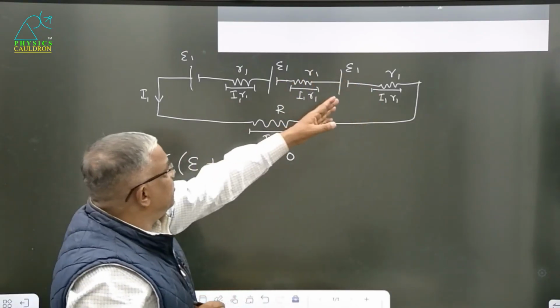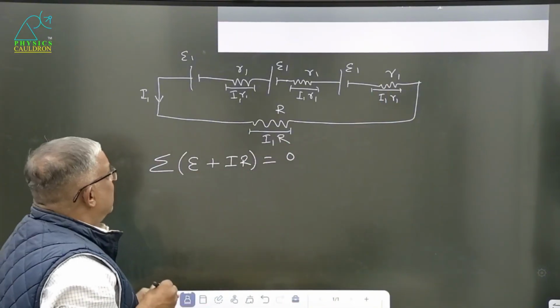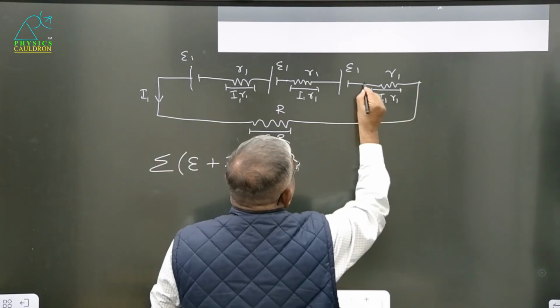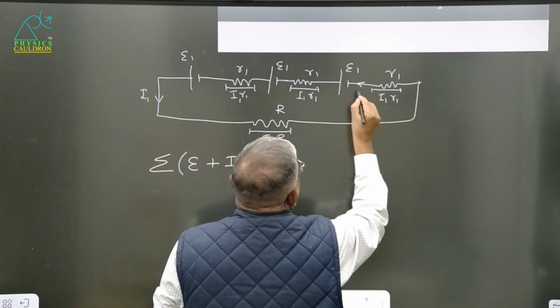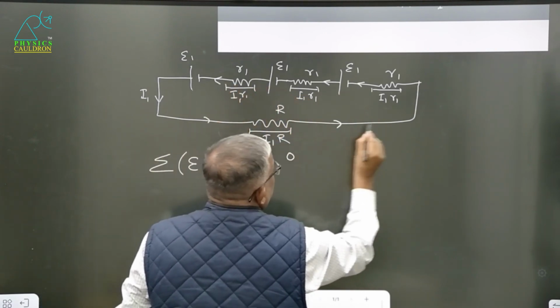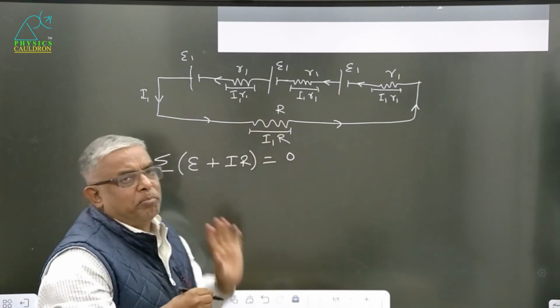That is, we started from somewhere and we come back to end at the same place. So let me start from here. Now in this branch you find that the current is going like this. Throughout the branch I have marked the same current. It's a single branch, so the current is the same through every component.